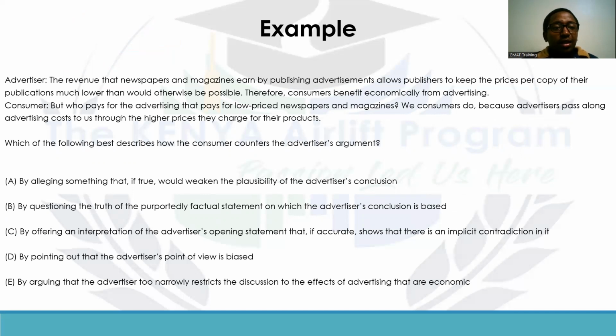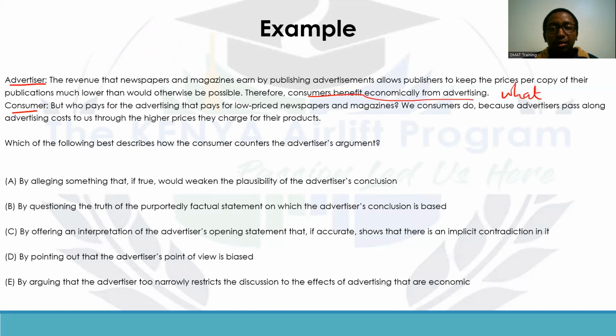In this example, we have an advertiser and a consumer. The first part has a conclusion that consumers benefit economically from advertising.